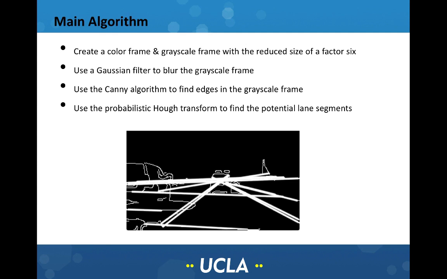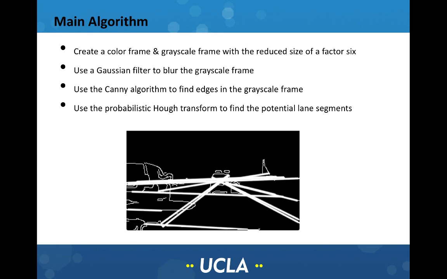Firstly, we create a color frame and also a grayscale frame with a reduced size by a factor of 6 to smooth the visual effect. And then we use a Gaussian filter to blur the grayscale frame. And then we use the Canny algorithm to find the edges in the grayscale frame.